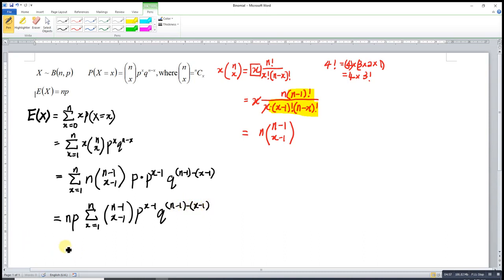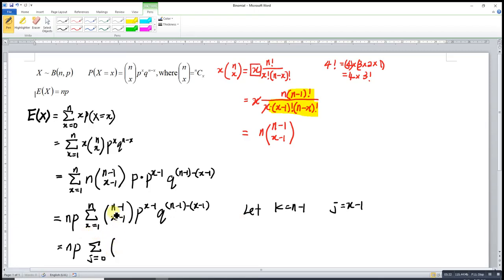Okay, we do some simplification here. So we let k be n minus 1 and j be x minus 1. So we have the total for j. When x equals 1, 1 minus 1 is 0, so j equals 0. Then we sum to k, which equals n minus 1.